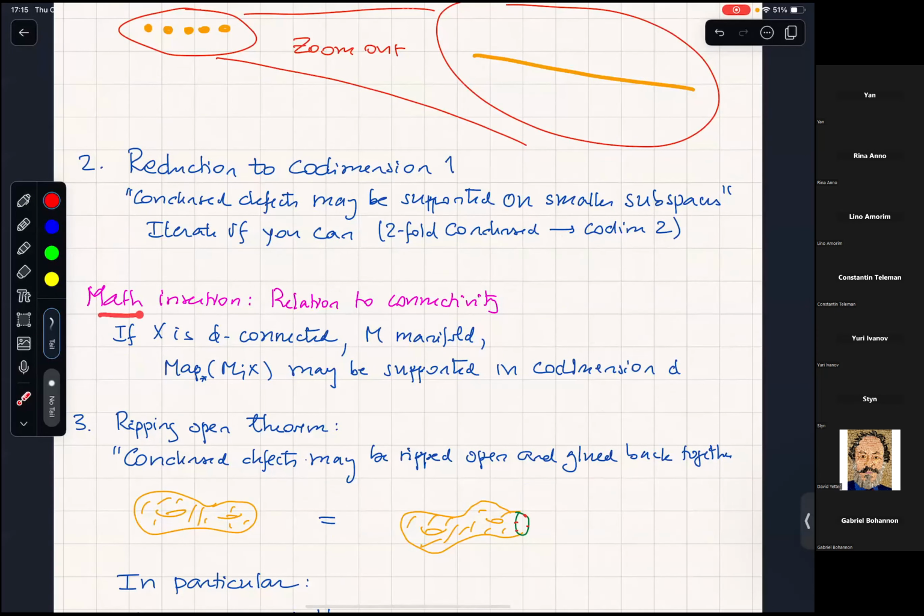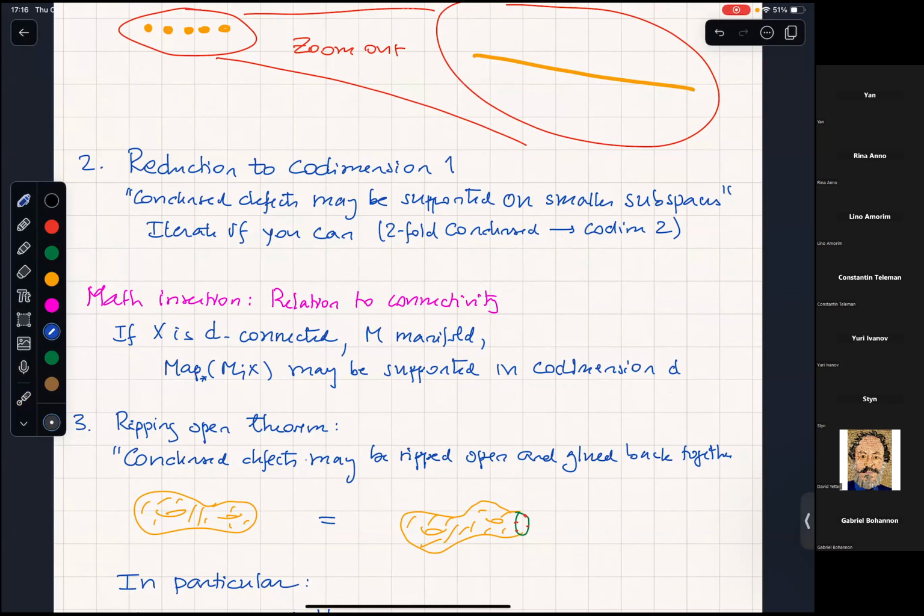Now, let's do a math insertion here because this does relate to something that's mathematically precise. If you have a D-connected space X and a manifold M, and you're looking at the space of based maps from M to X, you can arrange for them to be supported in codimension D. So the more highly connected the space is, the more you can constrain the maps on the manifold.